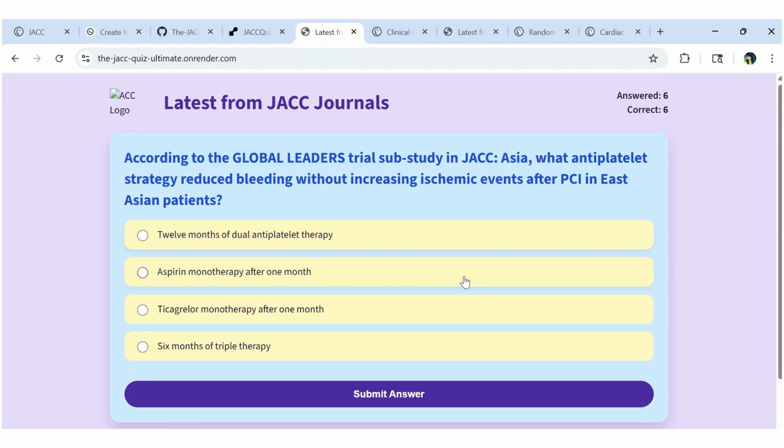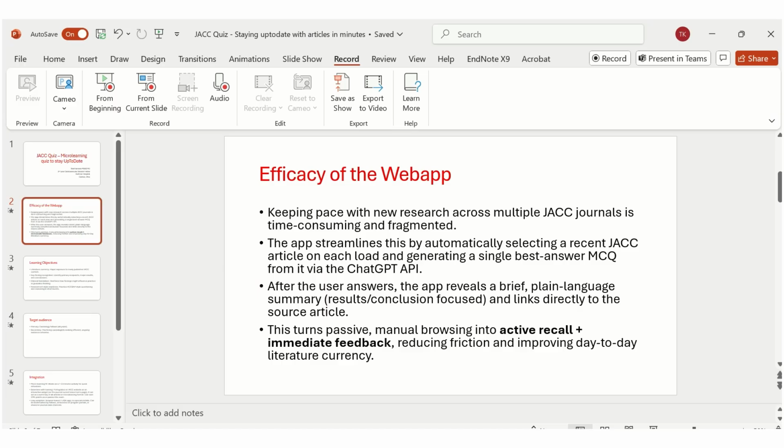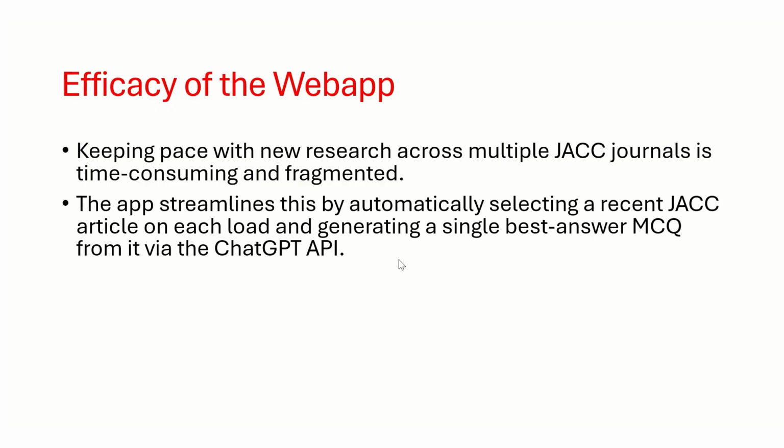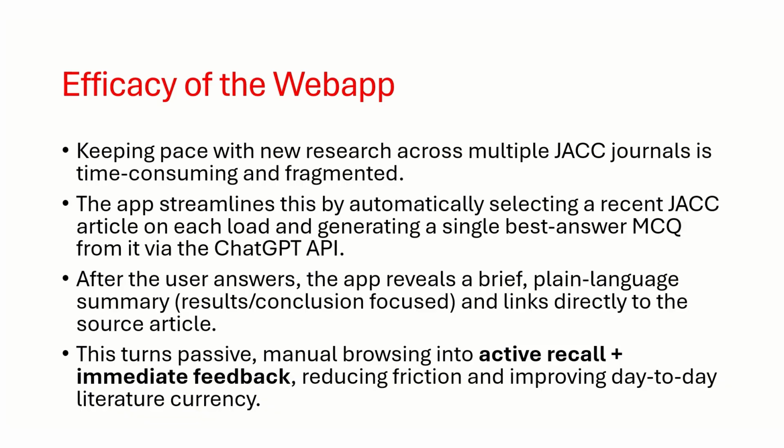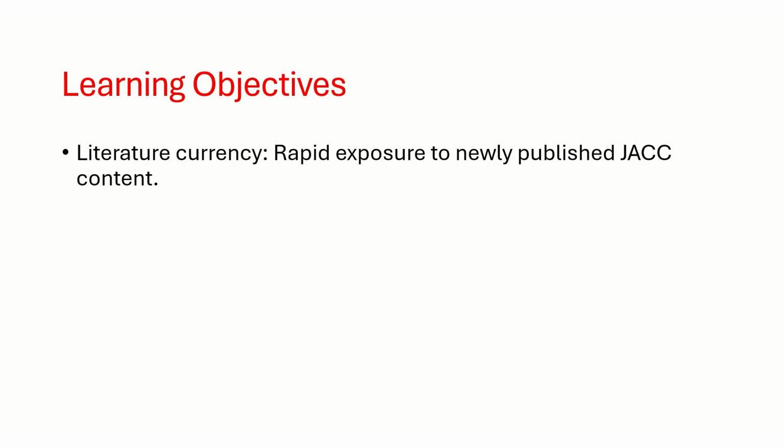So I can keep on trying multiple questions, and on the side here, I have a counter of how many questions I answered correctly. This gives the results in plain language, which is useful. And the way this teaching works, it's an active recall, immediate feedback kind of approach instead of going from head to toe in a journal.